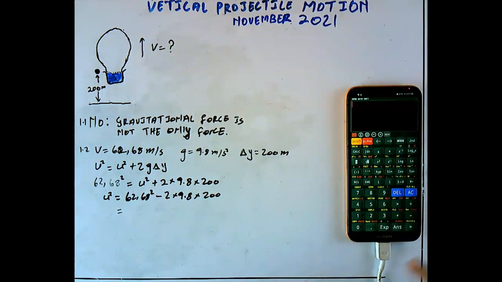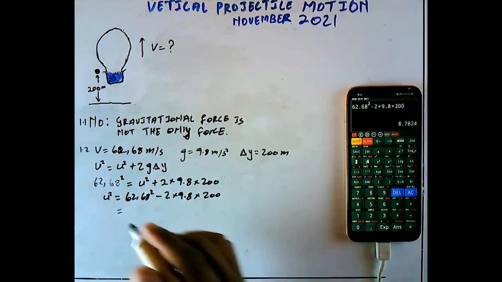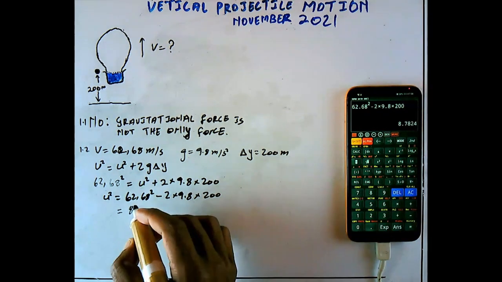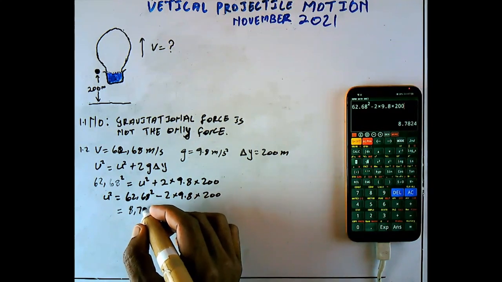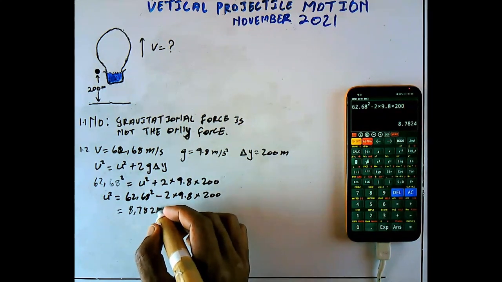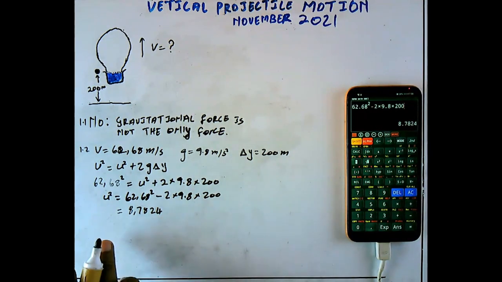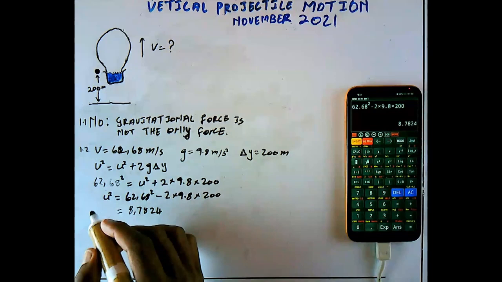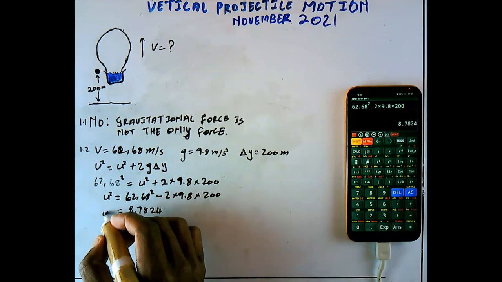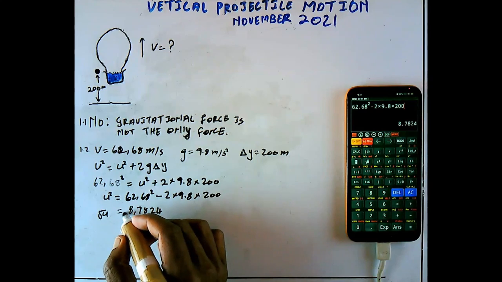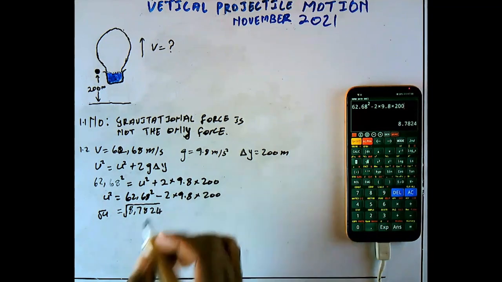So equals to, here I'm going to need a calculator, 62.68 squared minus 2 times 9.8 times 200. So u squared equals 8.782. This is u squared, but what we want is u. So we take the square root on both sides.